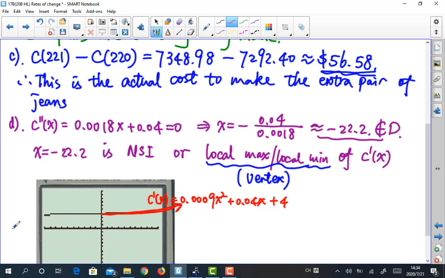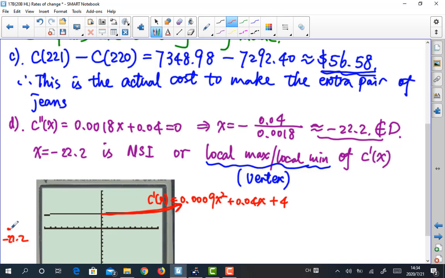So the local minimum is way on the left there, so it's negative 22.2. On the right side of this x value, the function should be increasing since this quadratic function opens upward. The significance of this point is that after negative 22.2, your rate of change is always increasing and doesn't have a minimum value.